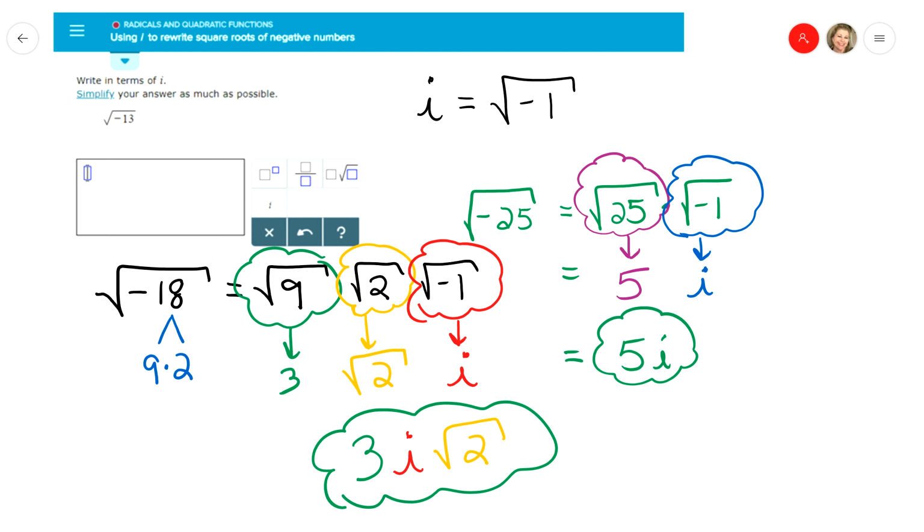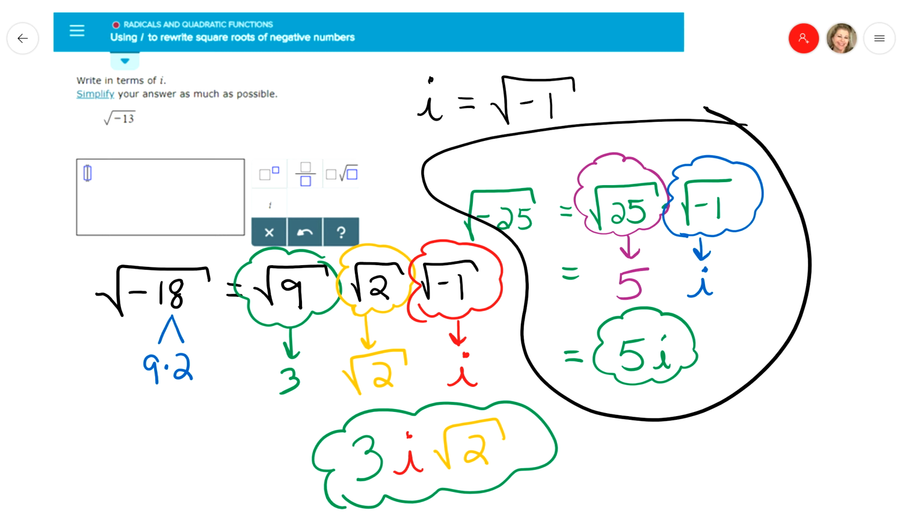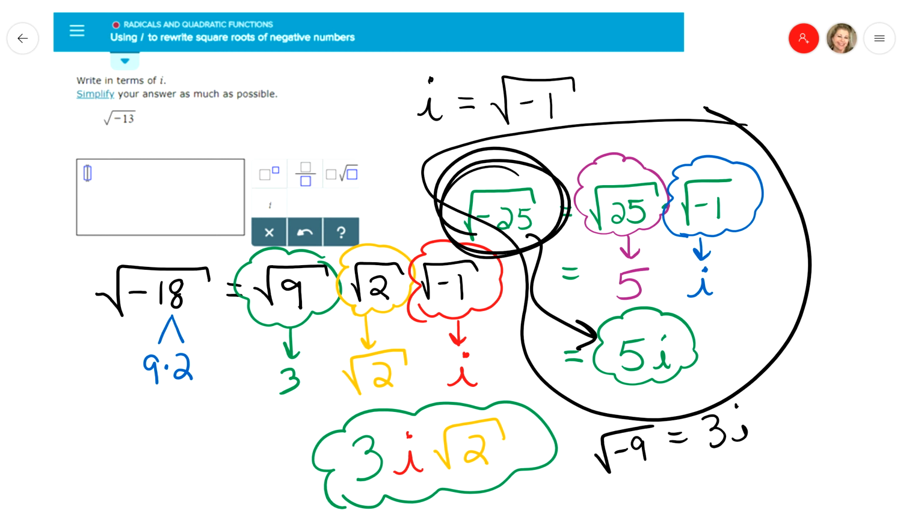Now, after you get used to doing this a few times, you don't have to write the whole tree down like I did over here. I can look at, hey, the square root of negative 25, that's going to be a 5i. Just like the square root of negative 9 would be a 3i. Or the square root of negative 49, that's going to be a 7i.